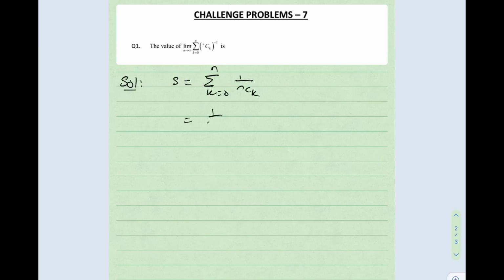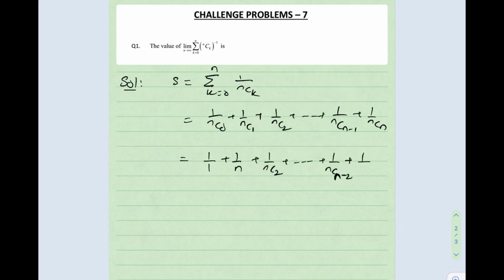This will be equal to 1 upon NC0 plus 1 upon NC1 plus 1 upon NC2 up to 1 upon NCn. Now we know that NC0 is 1 and NC1 is n. Similarly, NCn minus 1 is also n and NCn is 1. Therefore, we'll get 2 plus 2 by n plus 1 upon NC2, and so on.